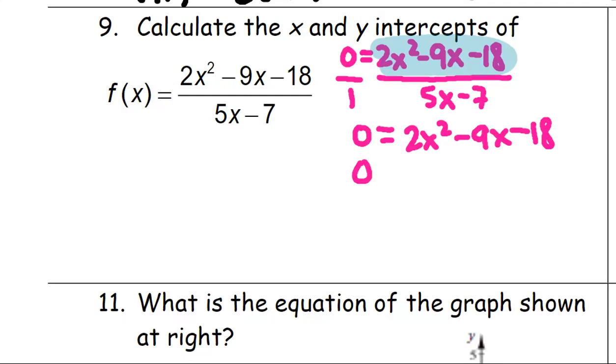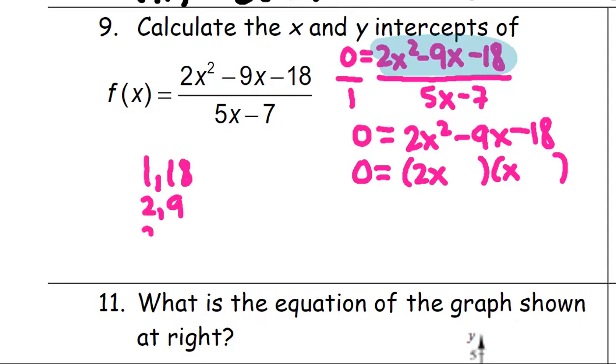So I'm going to see if I can factor this. Trying to get a negative 9 with a negative 18. So I could be doing a 1 and an 18, a 2 and a 9, a 3 and a 6. I'm trying to get a 9.